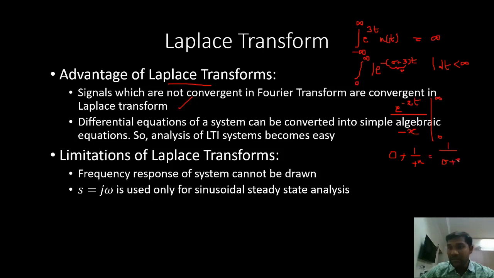When sigma is a finite value, this term is also finite. So I can say my Laplace transform exists for my f of t, which is e power 3t into u of t. But for the same function, I cannot find Fourier transform. That is the advantage of Laplace transform. For signals which are not convergent in Fourier transform, I can find the Laplace transform.